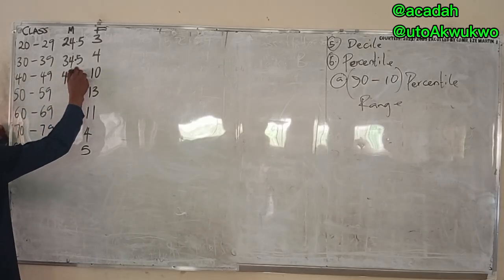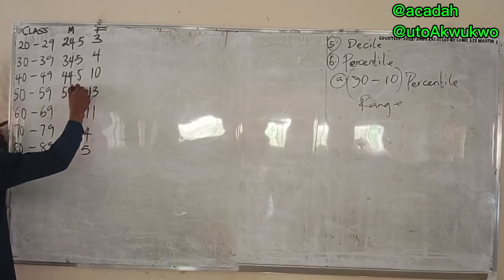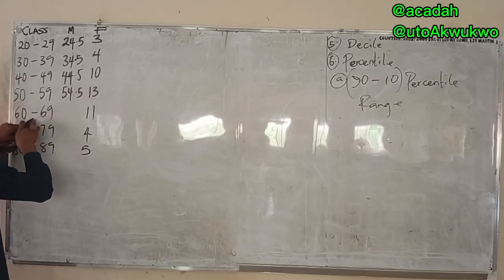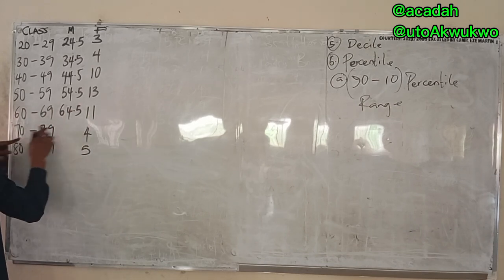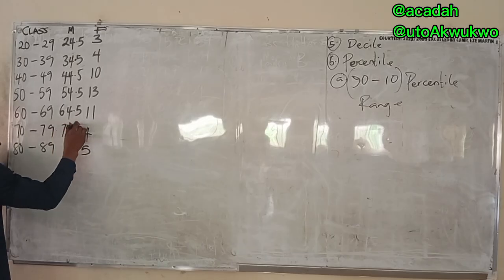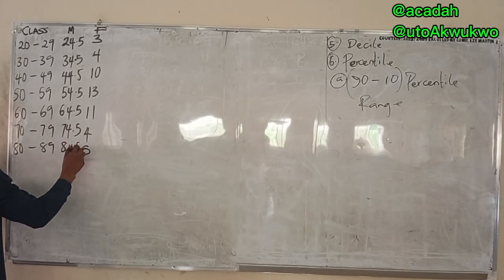So you can do it for all. 109 divided by 2, 54.5. 129 divided by 2, 64.5. 149, 74.5. 169 divided by 2, 84.5.